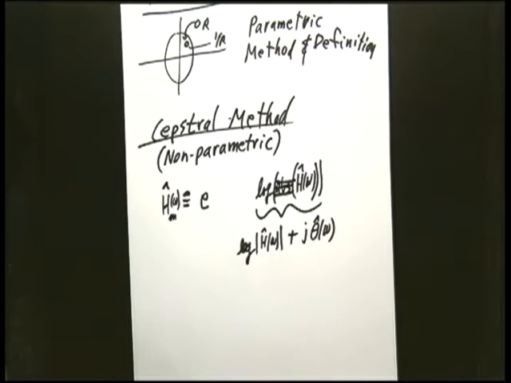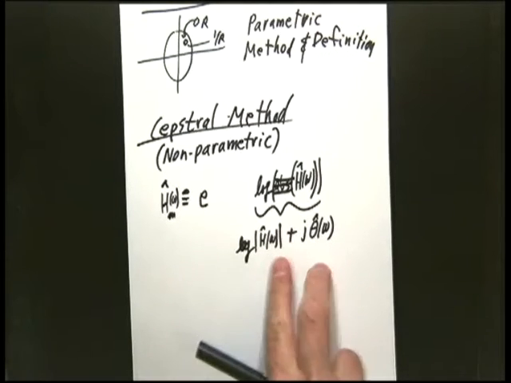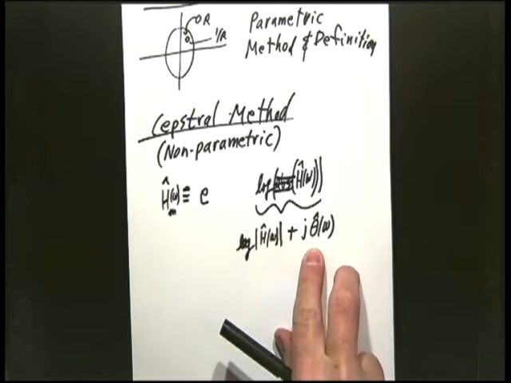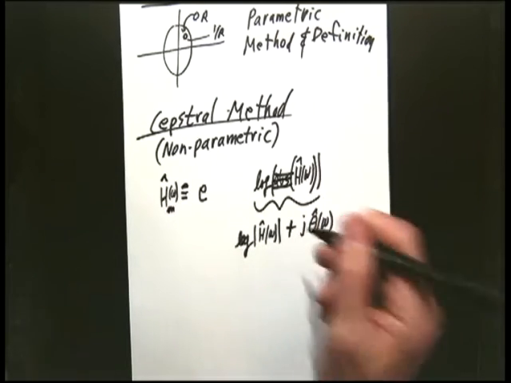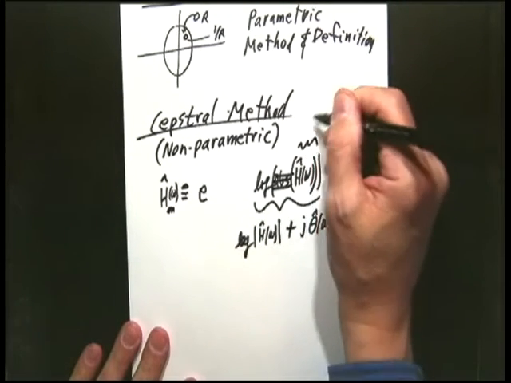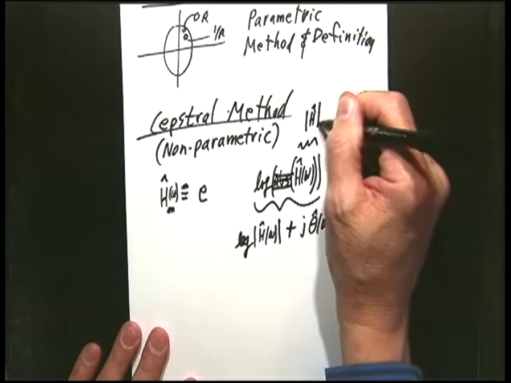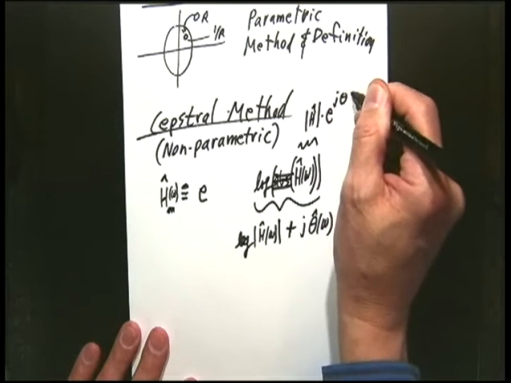In other words, the only difference between the magnitude and the complex is, the complex is the magnitude times e to the j theta. And so when you take the log, then the e to the j theta just goes off as an additive term that is the j theta part, right? Maybe I should say that this is h hat times e to the j theta of omega.